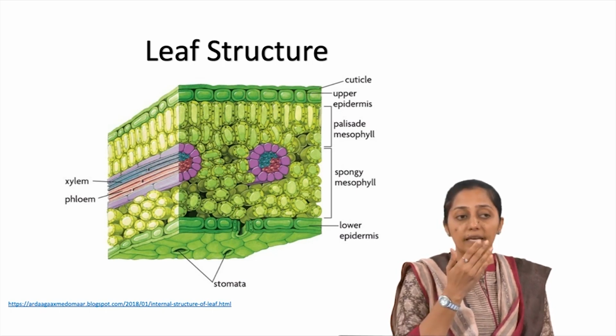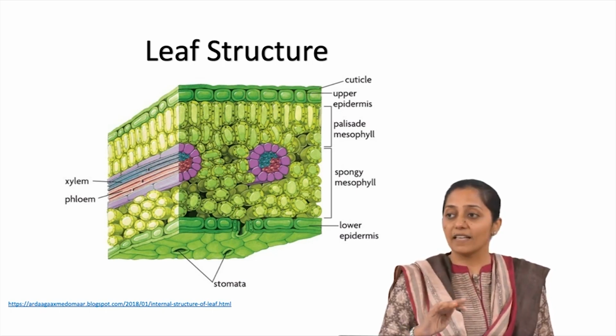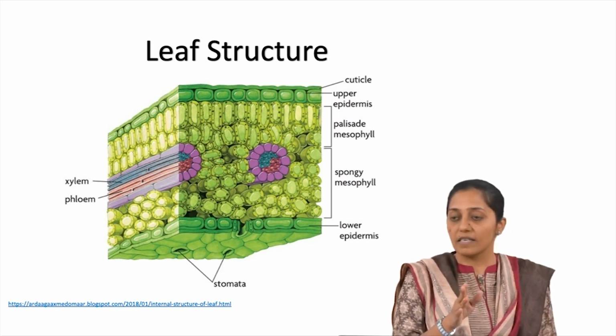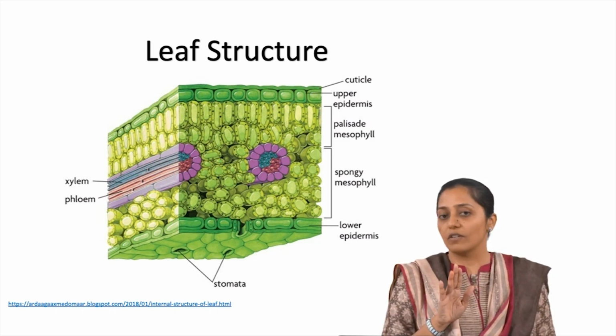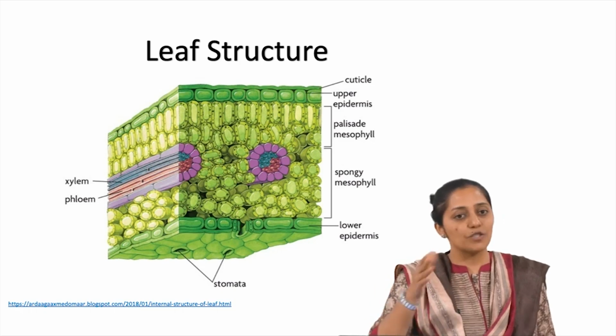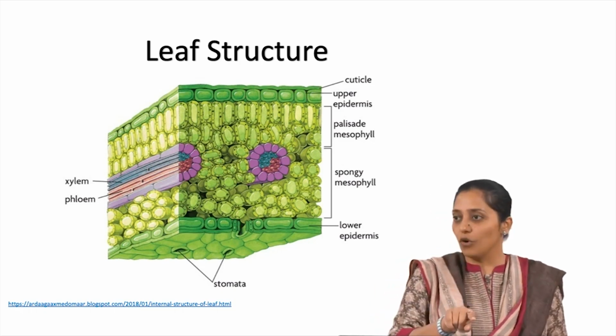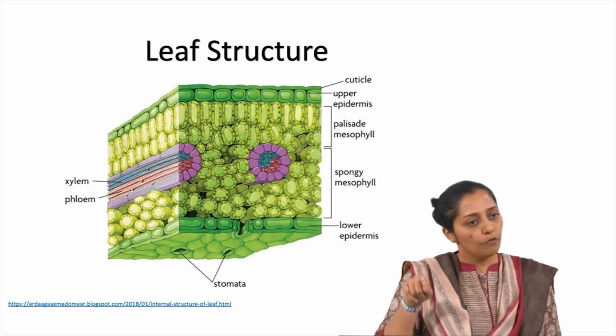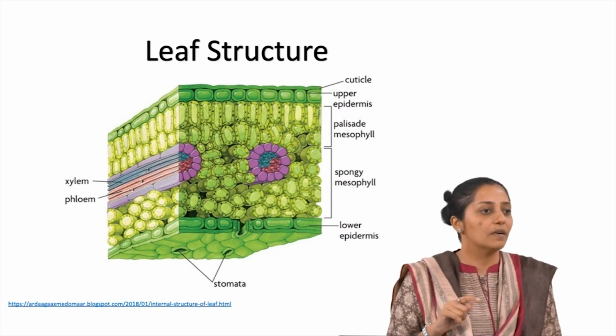Now, see, very nicely nature has made this. The site for carbohydrate or sugar synthesis has been made close to the vascular bundle, so that it can be transported. So, that is a source, and then it has to be transported into the phloem for movement to different parts of the plant.